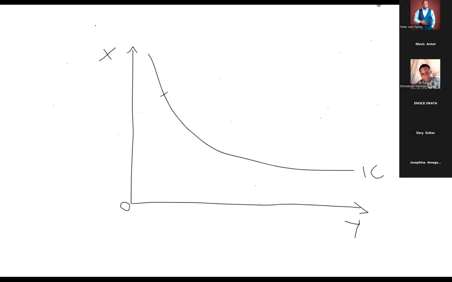Let's say this is A, this is B, this is C, this is D, and then this is E. The point I am making is that all points on this indifference curve, all points from A to E, give the same level of satisfaction.